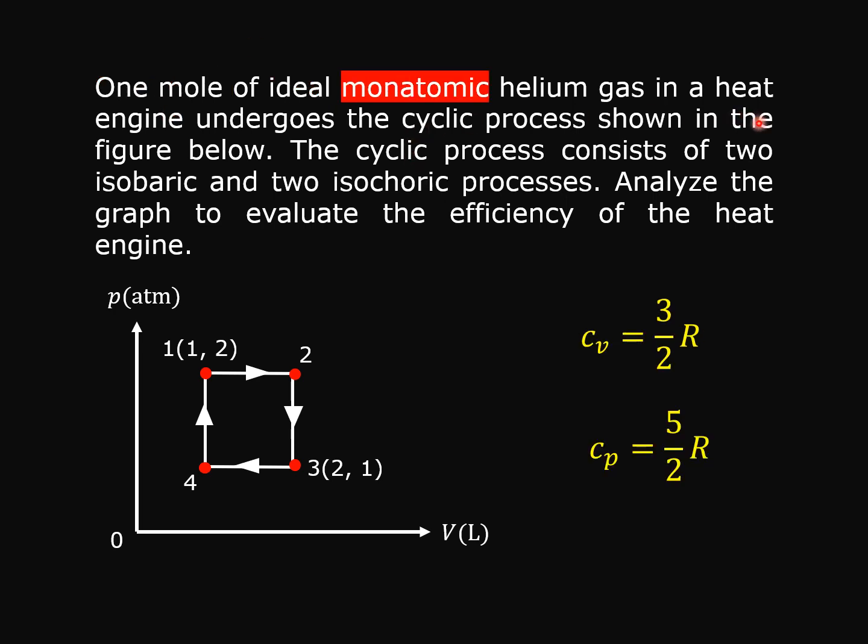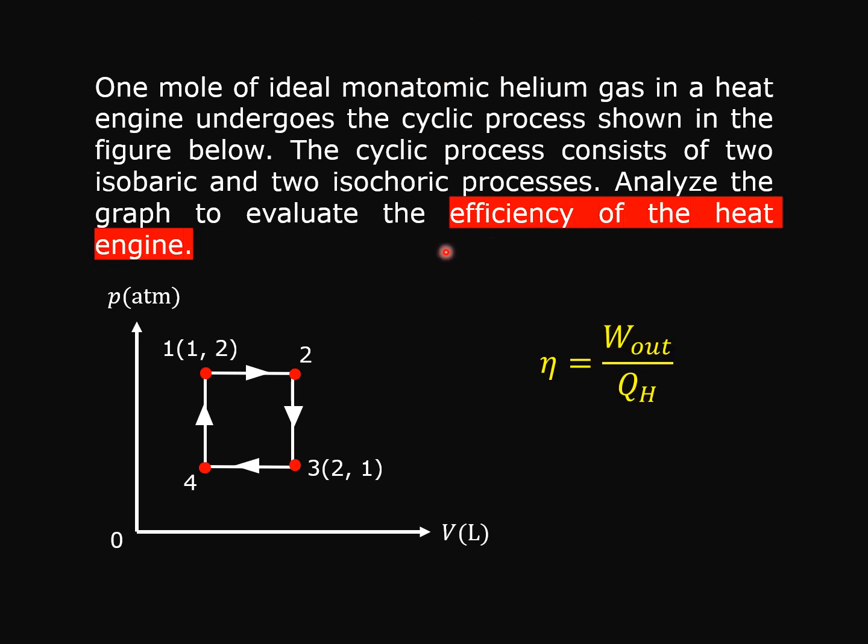The gas in the heat engine is monoatomic helium gas. Monoatomic means that the molar specific heat at constant volume for this gas is 3/2 R, where R is the gas constant, and the molar specific heat at constant pressure is 5/2 R.